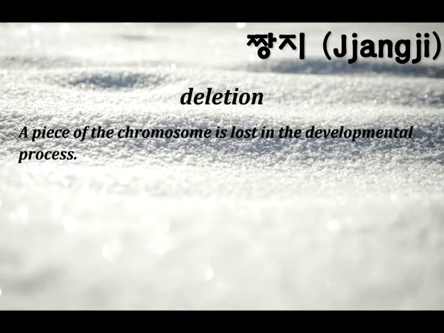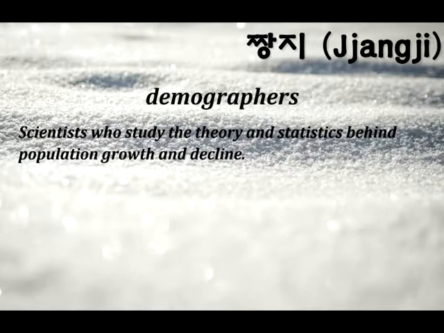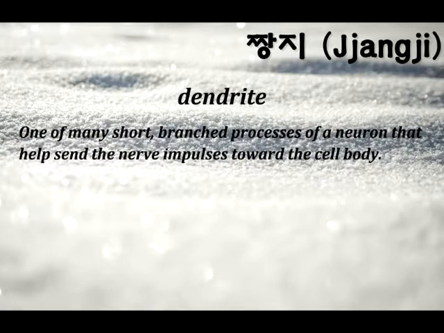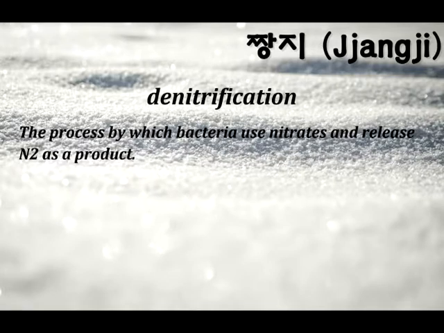Deletion: a piece of the chromosome is lost in the developmental process. Demographers: scientists who study the theory and statistics behind population growth and decline. Dendrite: one of many short-branched processes of a neuron that help send the nerve impulses toward the cell body.